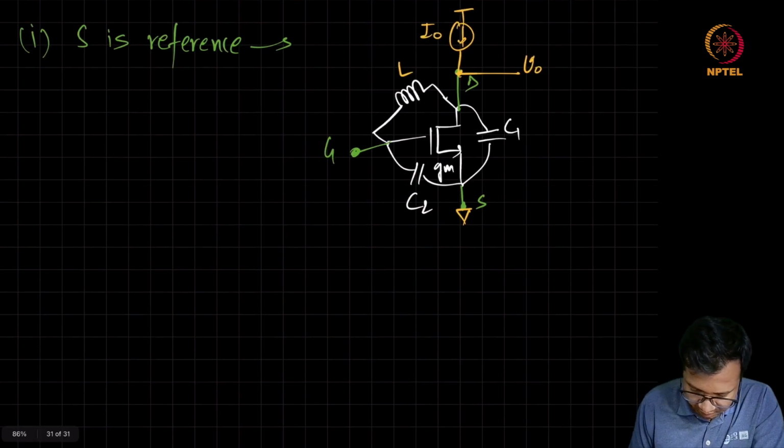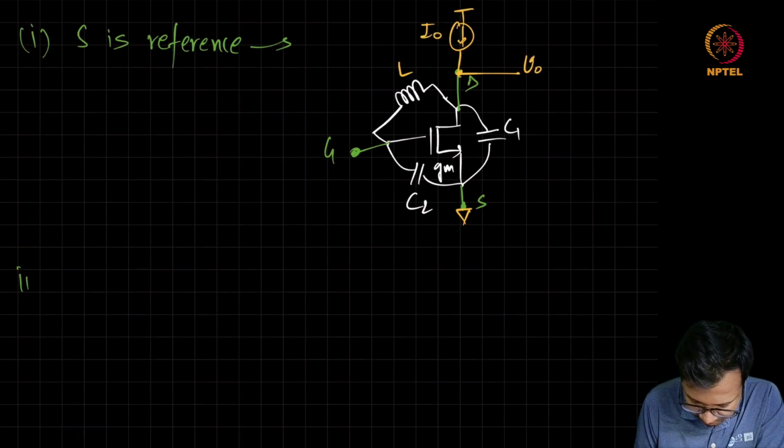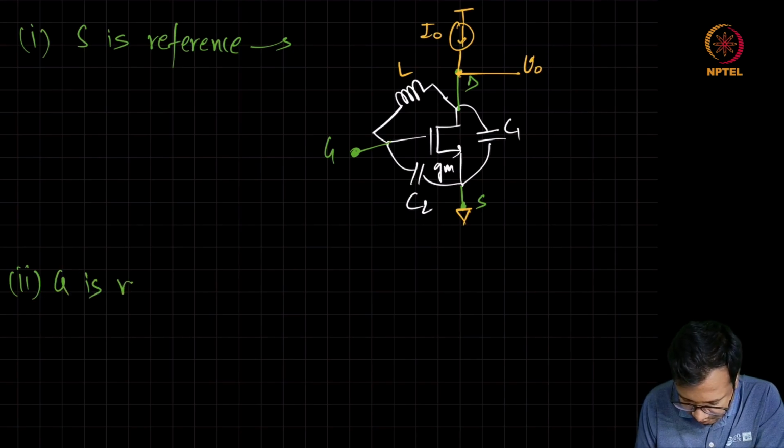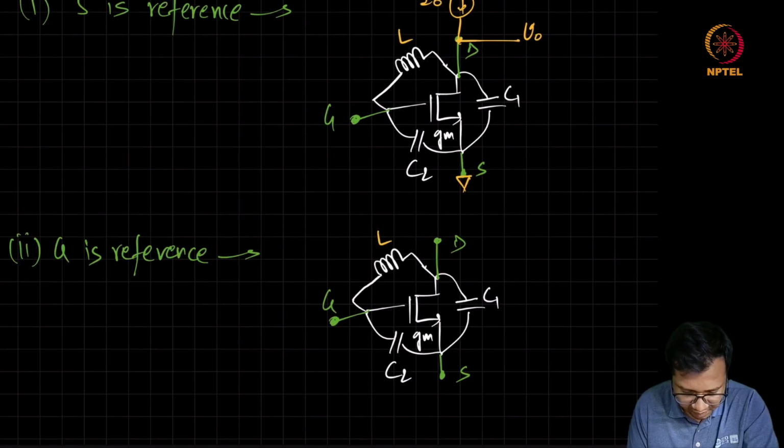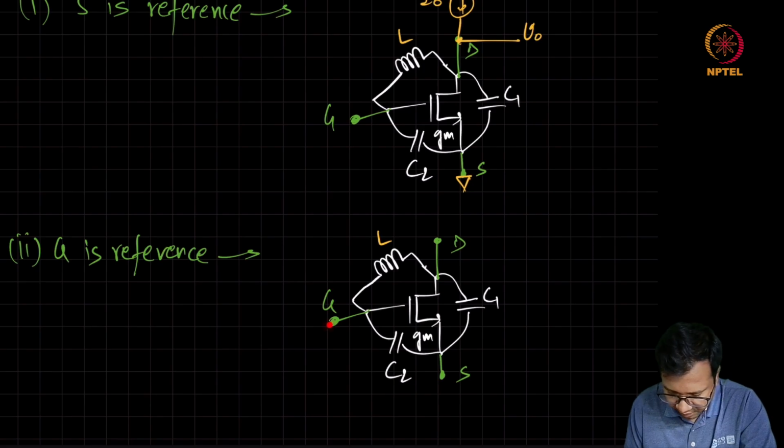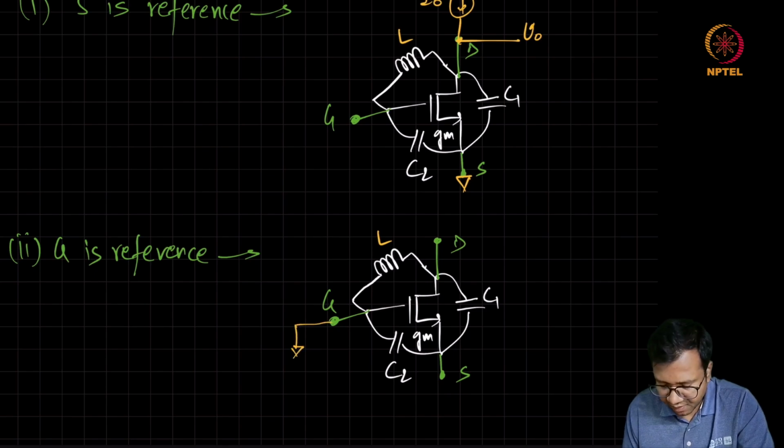Now let's see what happens when we choose gate as a reference. If gate is a reference, then we need to connect an incremental ground, and on the gate side we need to again ensure there is a path for the DC current to flow in the transistor.